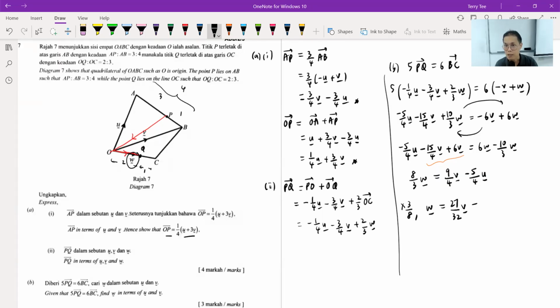Again, 5 times 3 is 15U, and 4 times 8 is also 32. So whether you want to put it together or separately is up to you. You can put it together like this, 27V minus 15U over 32, or you can write them separately.